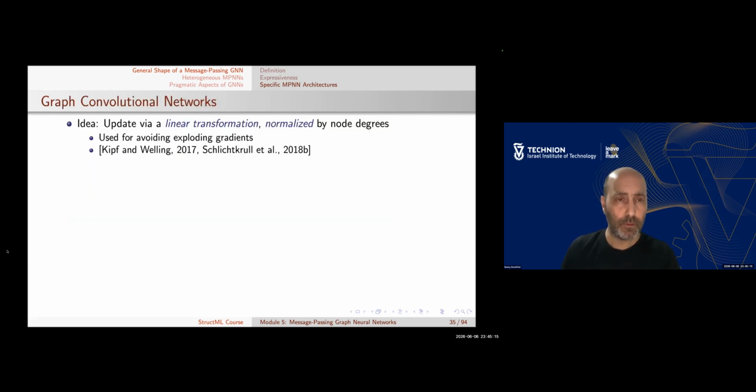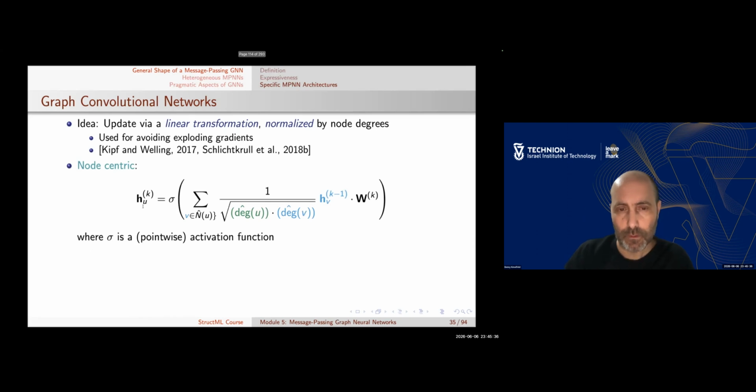The first model we're going to look at is the GCN, Graph Convolutional Networks, okay? So the idea here is to use a linear transformation, linear aggregation, everything is linear, but we normalize by the node degrees and also apply an activation function, okay? So this is how it looks. We sum up over the neighborhood, including U itself, so this is a sum aggregation, okay?